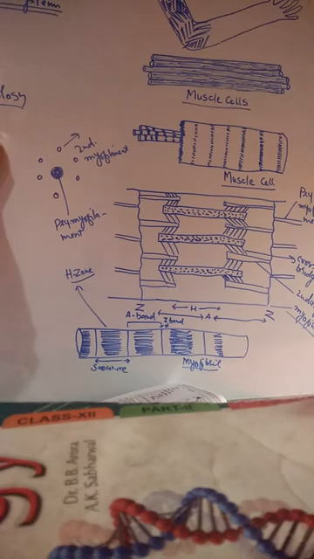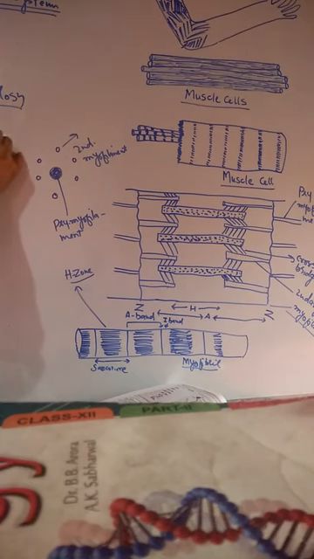The first type is striated muscle, the second is smooth muscle, and the third is cardiac muscle.